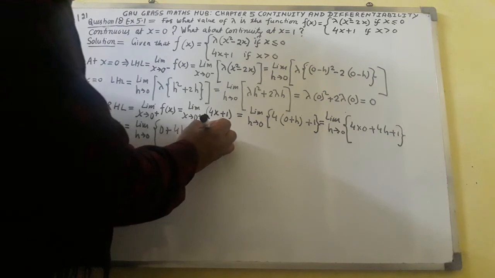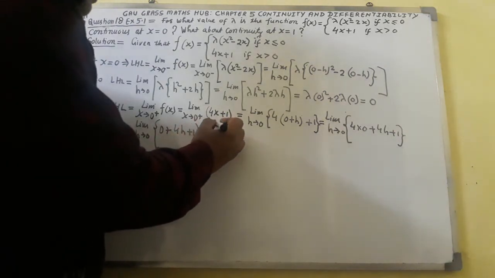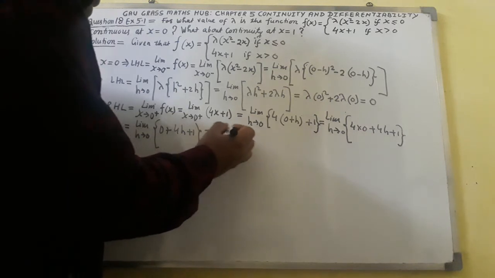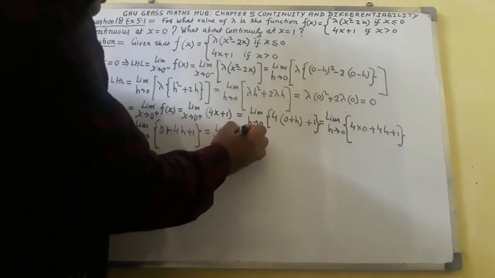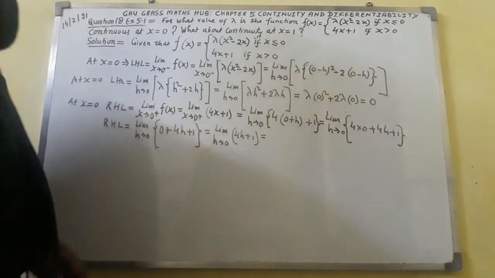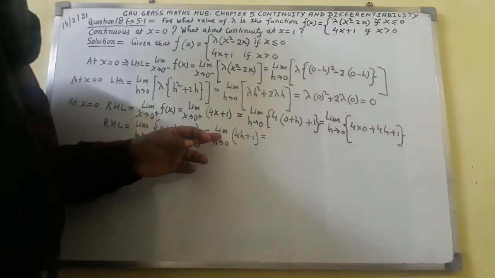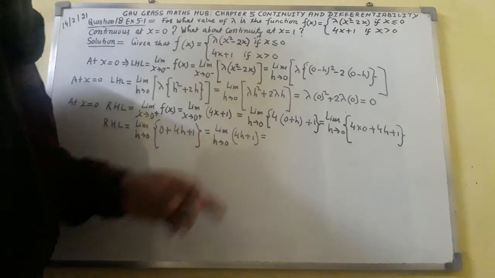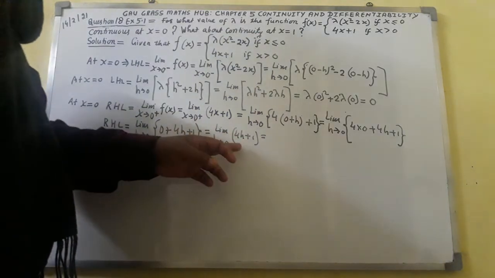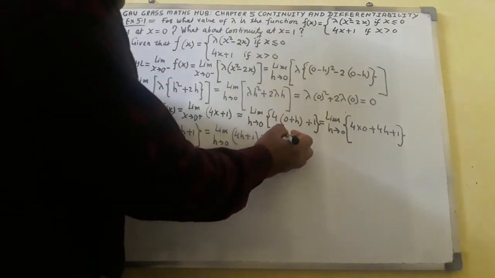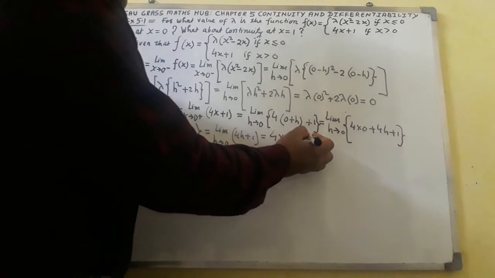Now remove limit h tends to 0 from this function, then put h equal to 0. So it will become 4 into 0 plus 1, which comes out to 1.